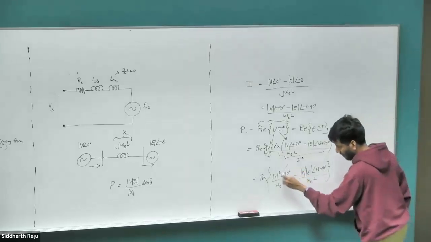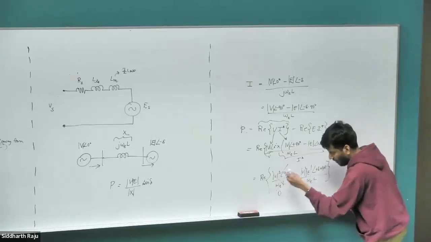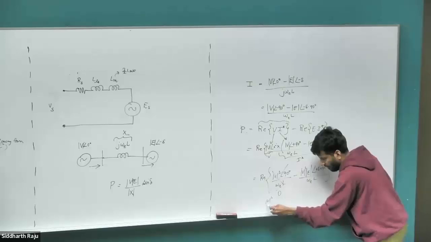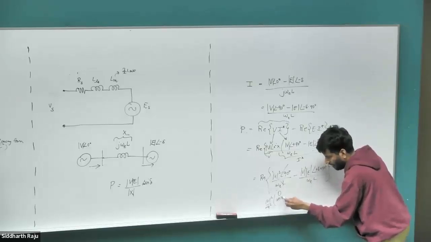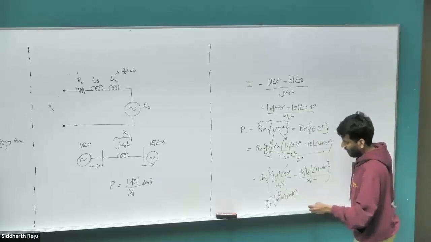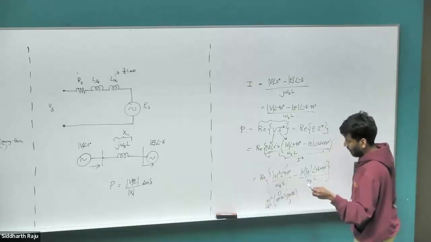Now the real part of this term is just going to be equal to 0, because if you represent it in Euler's form, this would be V squared divided by omega EL times cos of 90 degrees plus j sin 90 degrees. Cos of 90 degrees is 0, you're left with j sin 90, and j sin 90 is just j, so this whole term is purely imaginary, so the real part is 0.